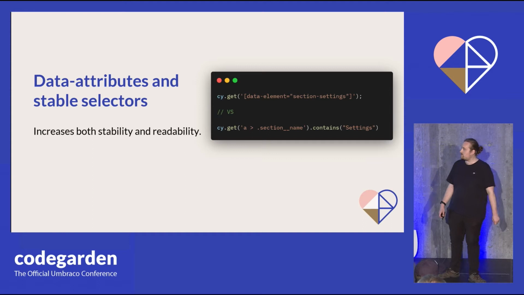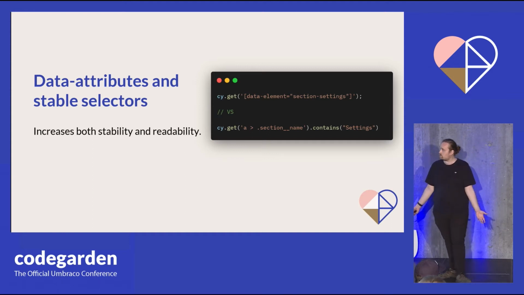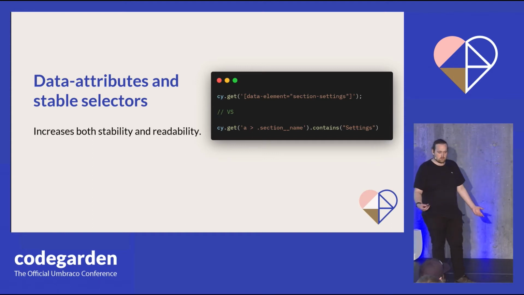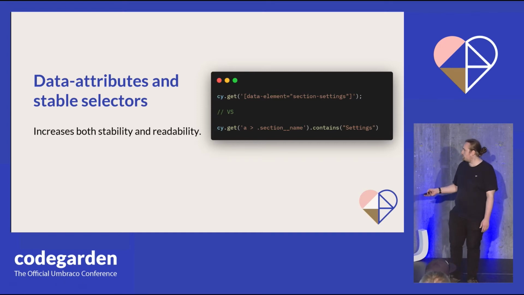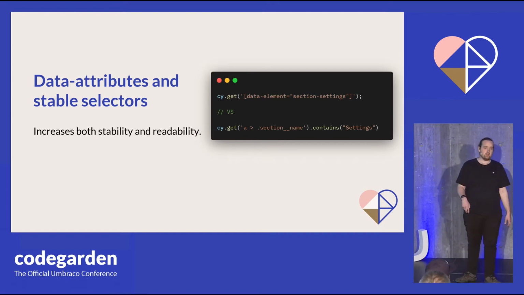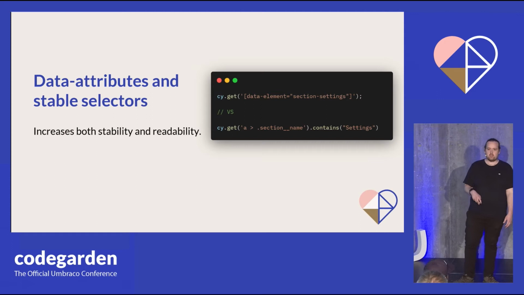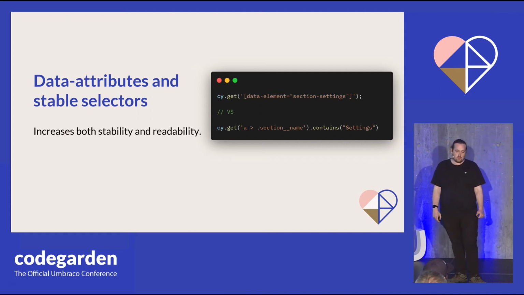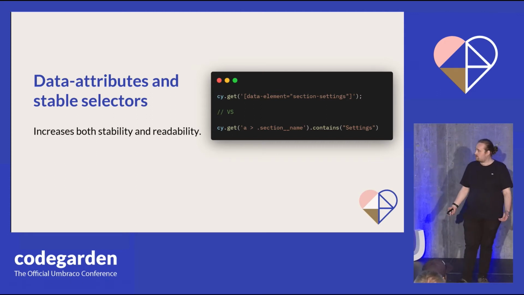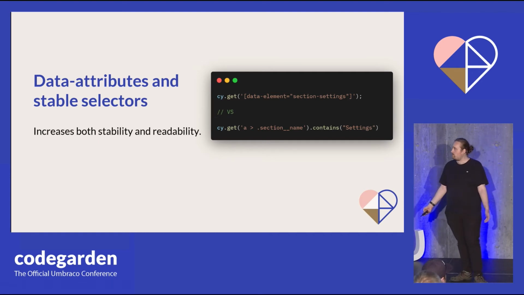Yes, and one of these is using data attributes. Now, it doesn't really matter which one you use. In this example, we are using data element, but we also have some by label key or just simply an ID. And the real benefit to this is, as Nikolai mentioned, if something changes in your DOM, your test could break. But if you use data elements, it won't.